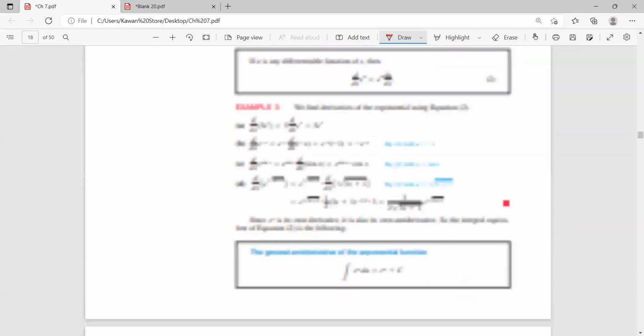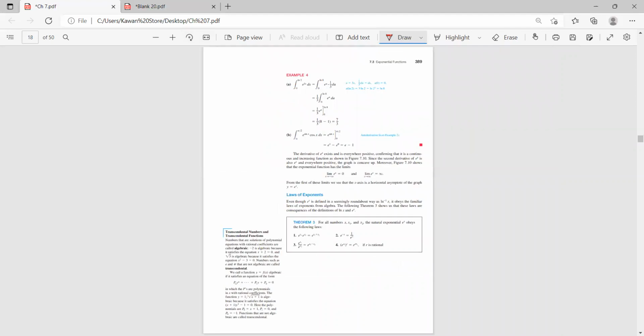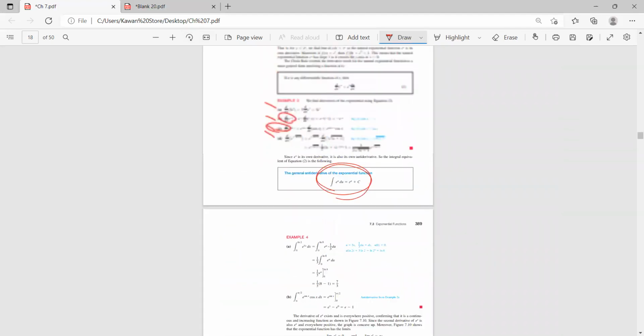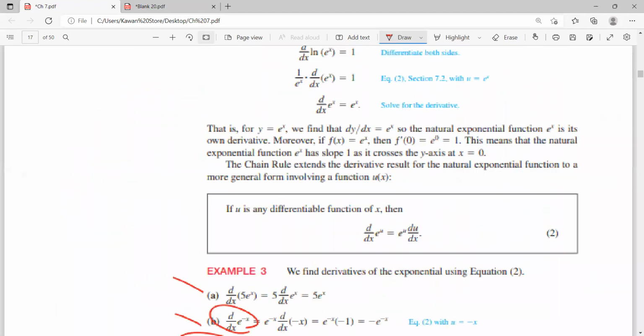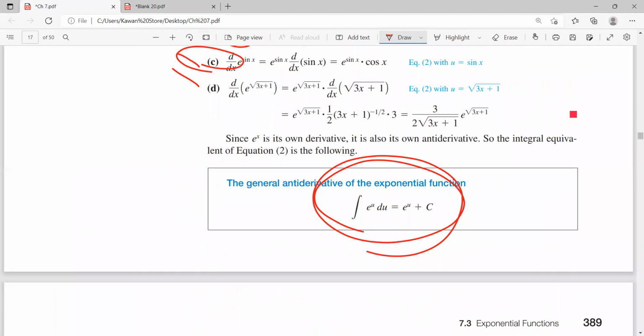Okay. So I'll talk about the integral, then I'll give you a rest. Now the integral time.